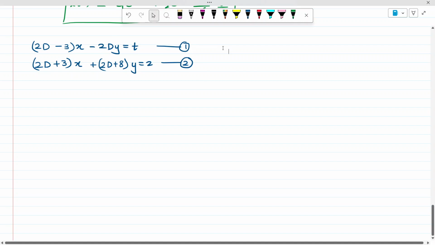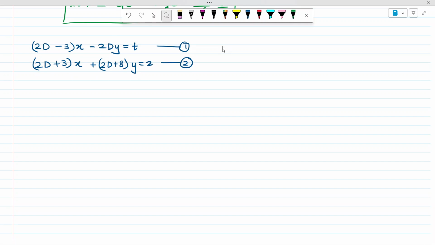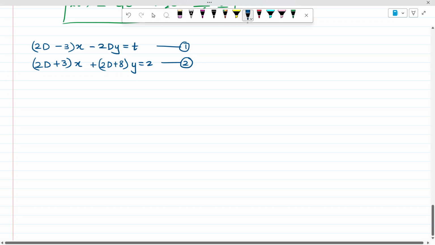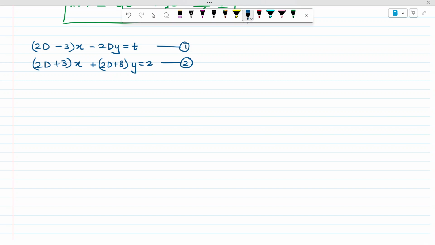Okay, so these are your equations 1 and 2. You already know x. We need to find the value of y. To avoid multiple calculations, I will add the two equations directly. On adding, I will have a 4D applied to x.